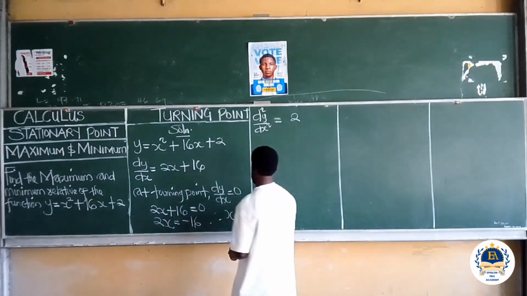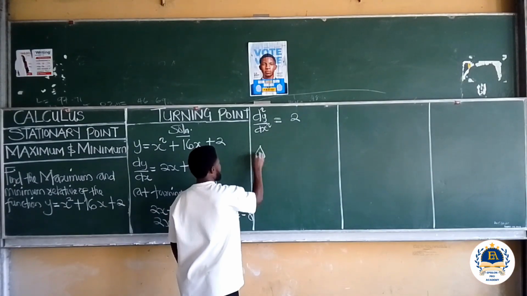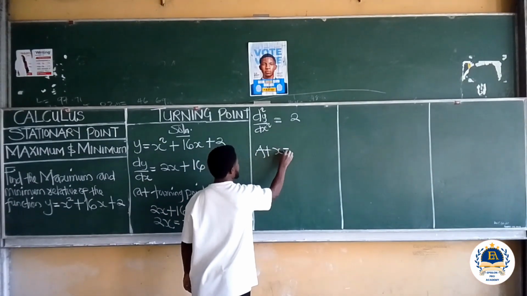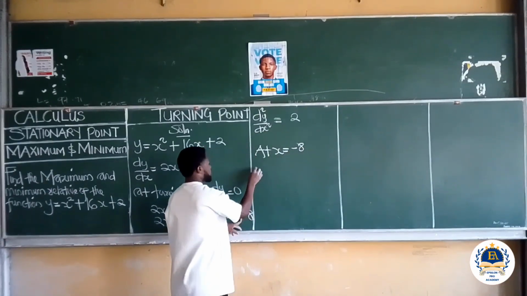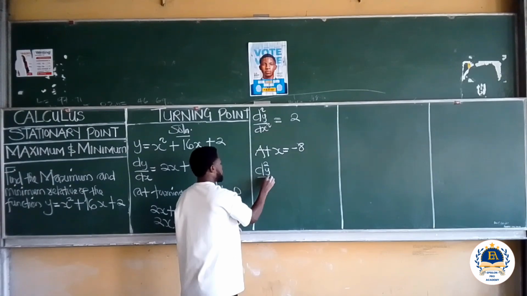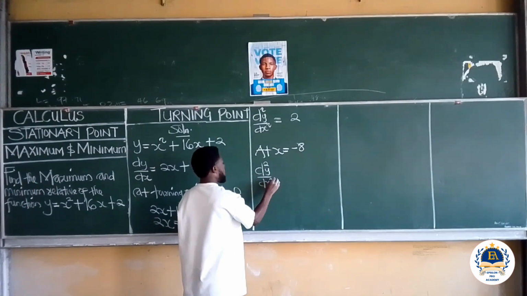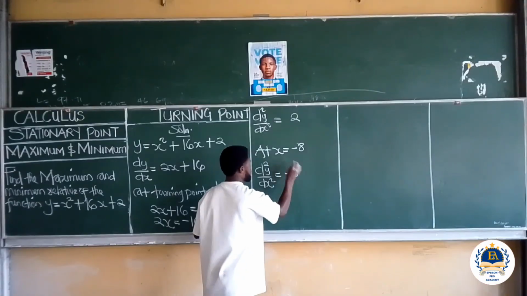That is to say, at x equal to minus 8, the d2y over dx squared is equal to minus 8.